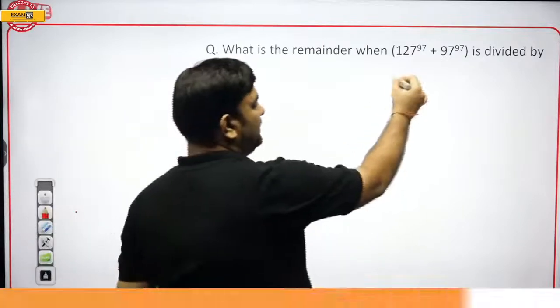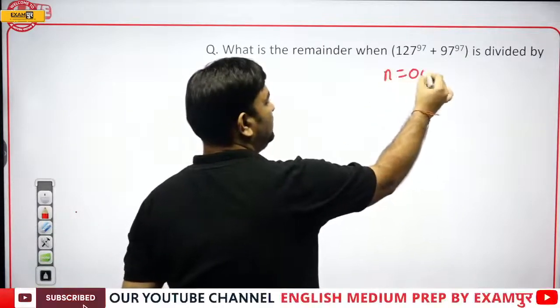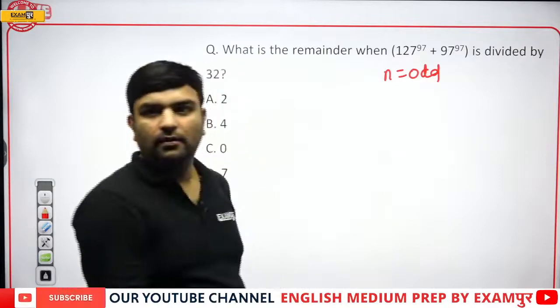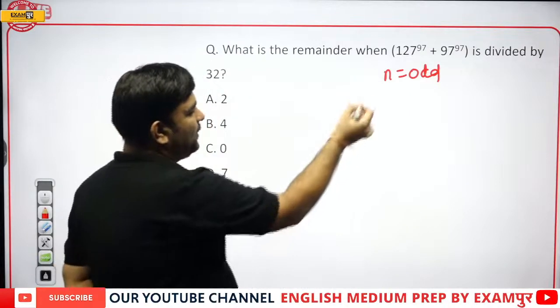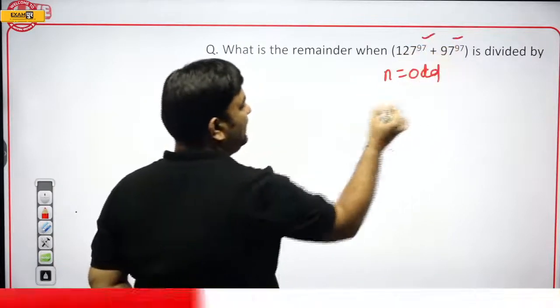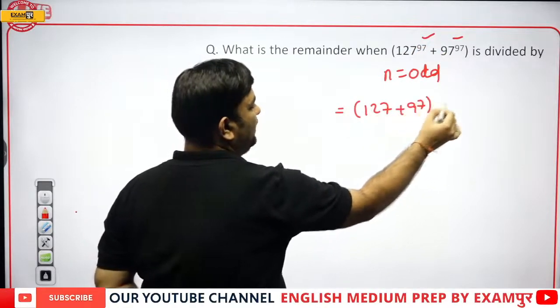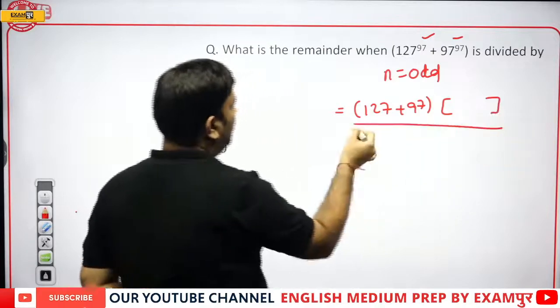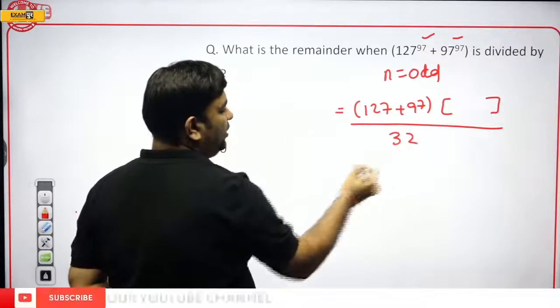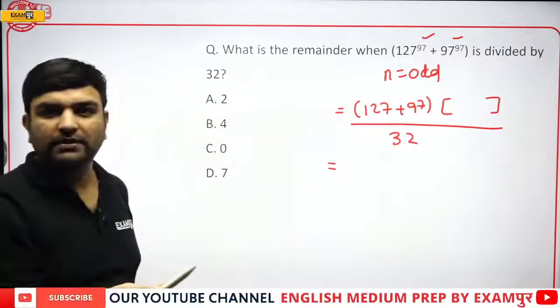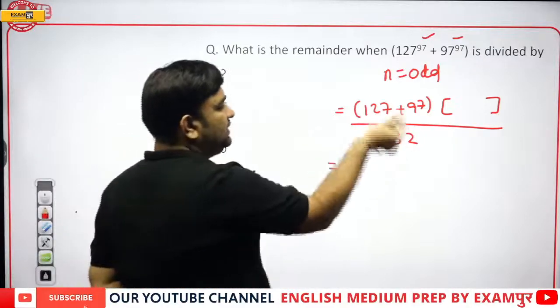A to the power n plus b to the power n, when n is odd, has a factor of a plus b. Obviously, if the question is being made, then 100% this would be a multiple of this.